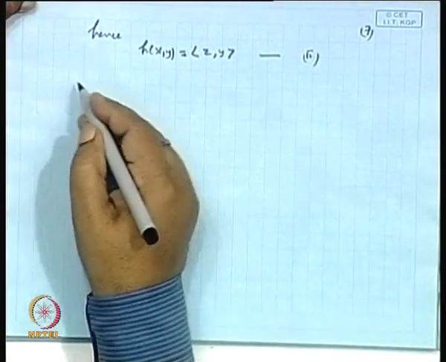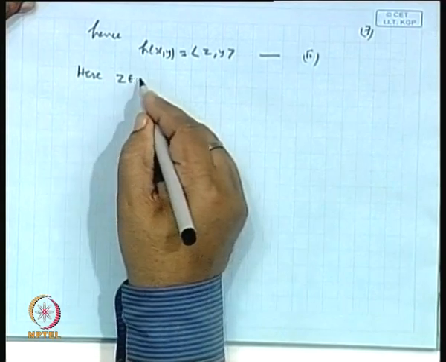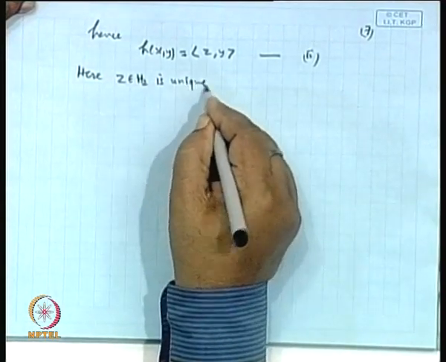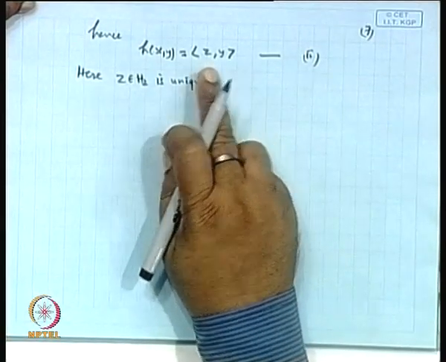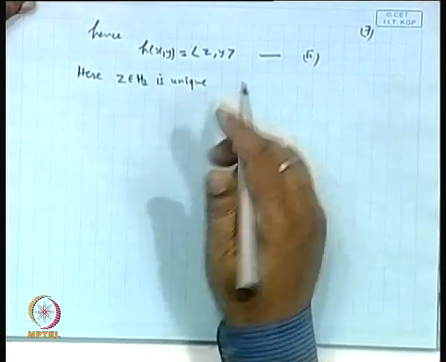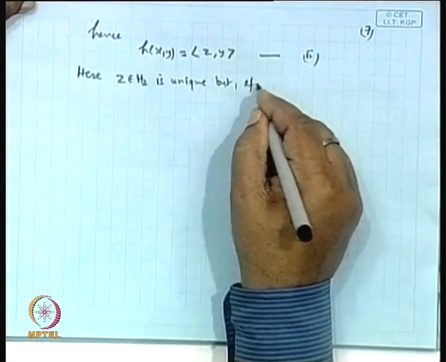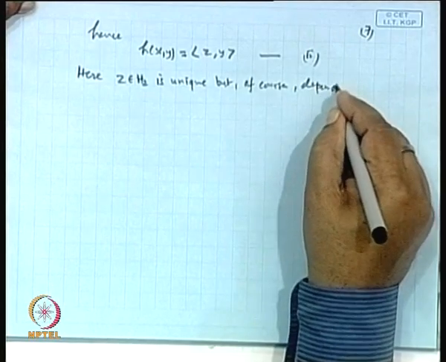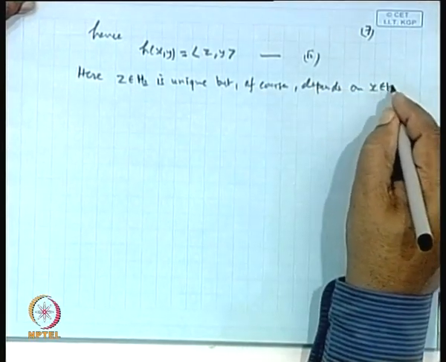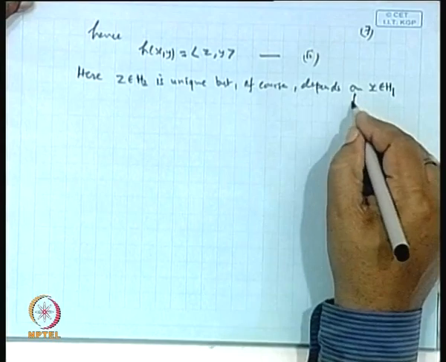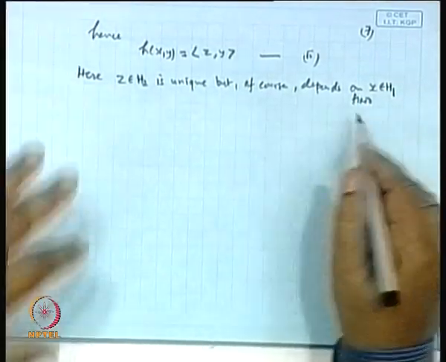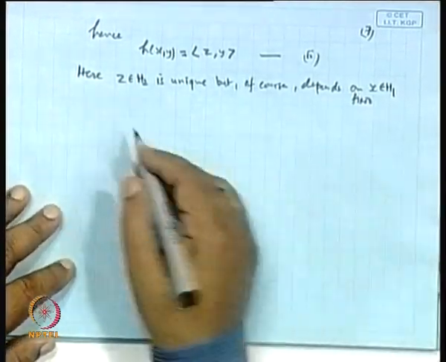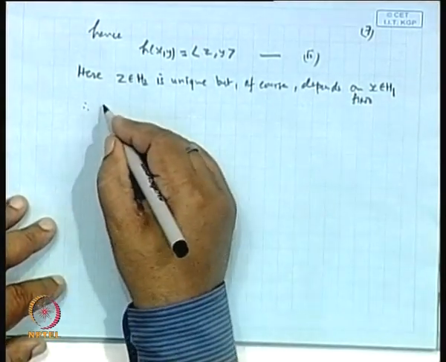Now, here the z belonging to H2 is unique because of this result, but of course, it depends on x, which is a point in H1, because x is fixed. Therefore, z will always be unique corresponding to each x. So, it follows from this.